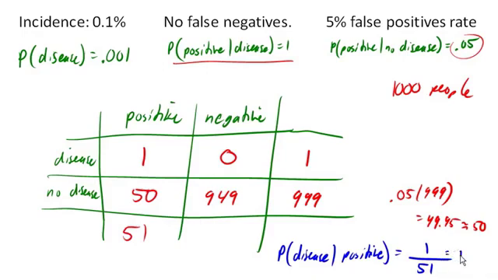So, remarkably, even though this test has no false negatives and only a 5% false positive rate, if you test positive for this disease, there's only a 2% chance that you actually have it. That should be surprising, but that is the result of our probability.